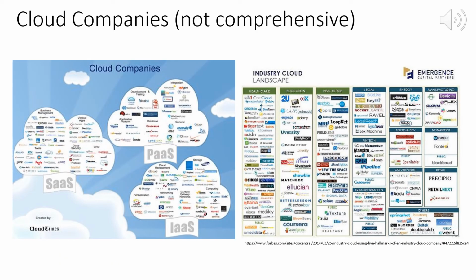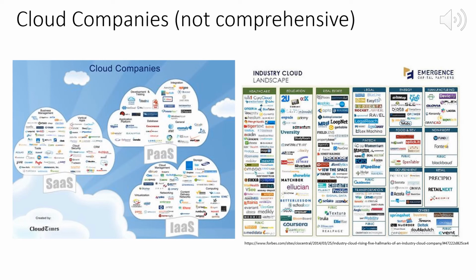To showcase the rich interest in cloud computing, you will find on the internet lots of pictures that integrate a variety of cloud computing companies in particular categorical views, such as the one provided on the left-hand side, where we have platform as a service, infrastructure as a service, and software as a service companies.